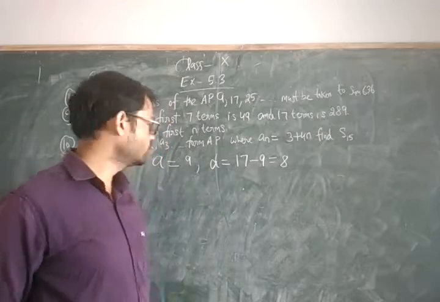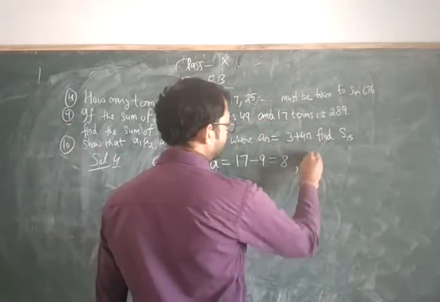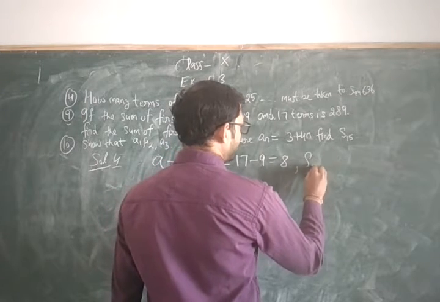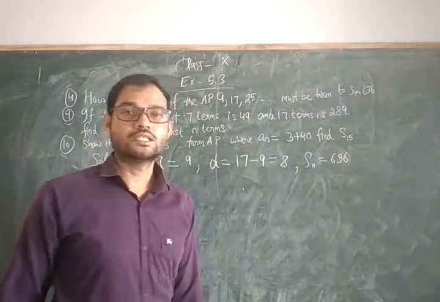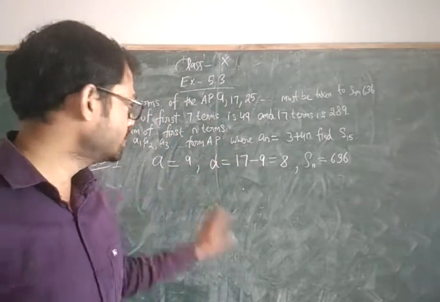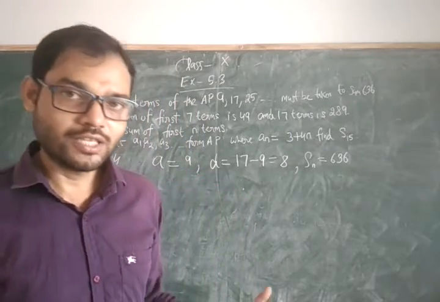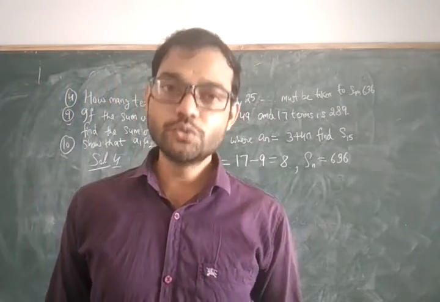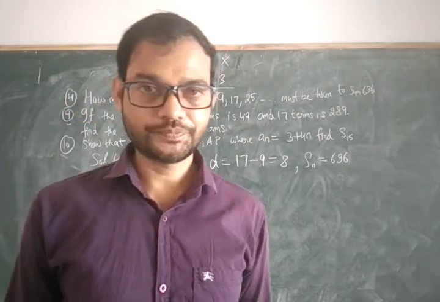So you have d, you have a, and you are also given the sum. That is, the sum of n terms is 636. You have already used these things to solve question number 3.